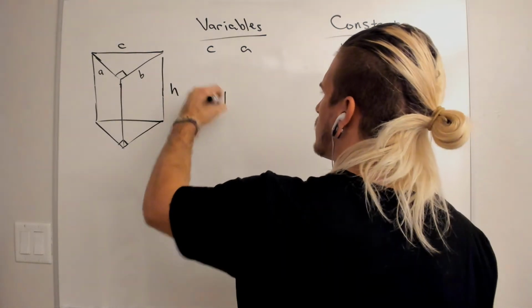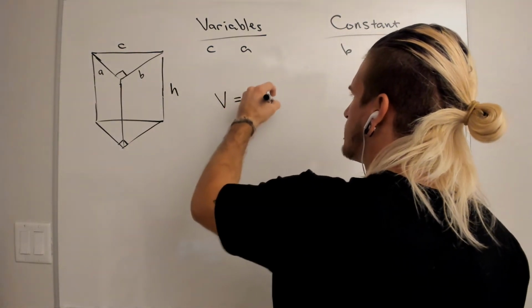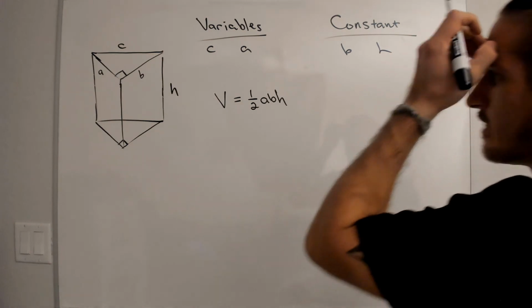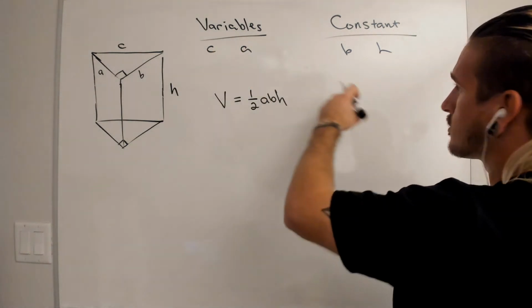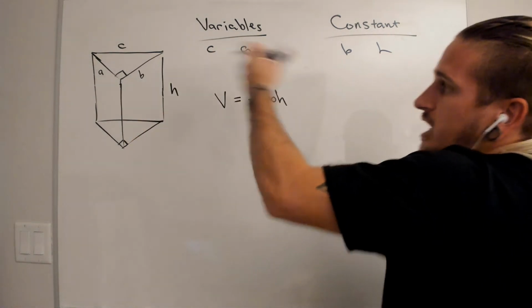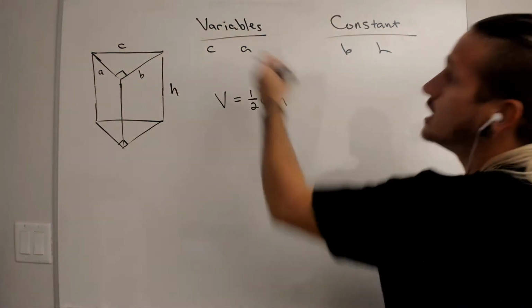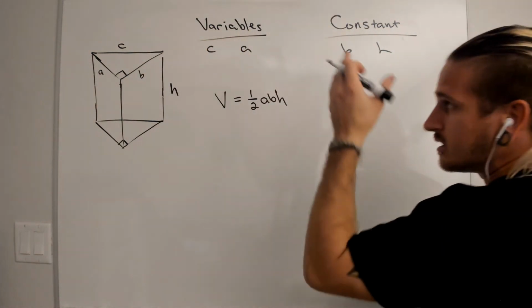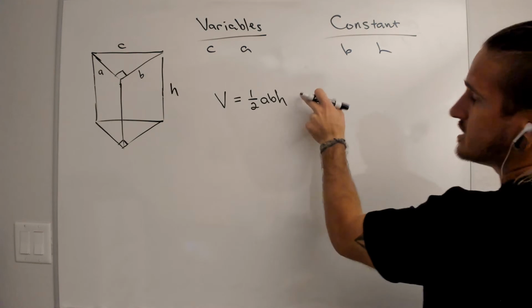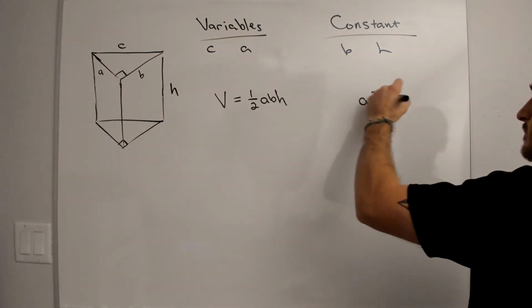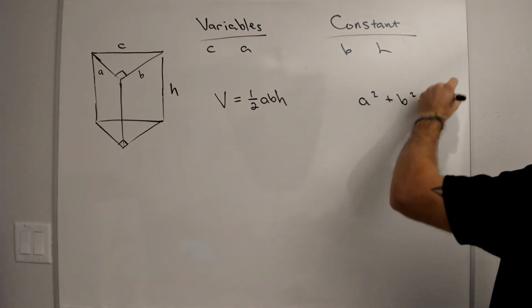So volume again is going to be 1/2 ABH, and then we also know that the change in the volume is going to depend upon the change in C. So we've got to get C, rather the derivative of C, into this formula, and we're going to do that with the Pythagorean Theorem, right?